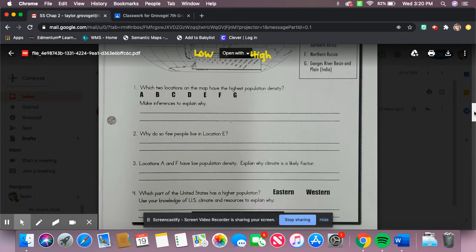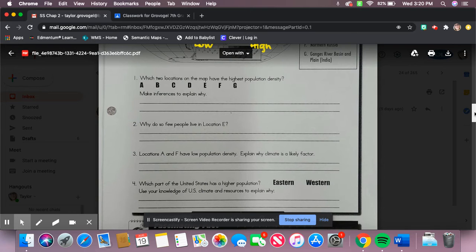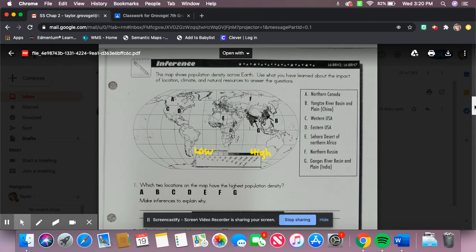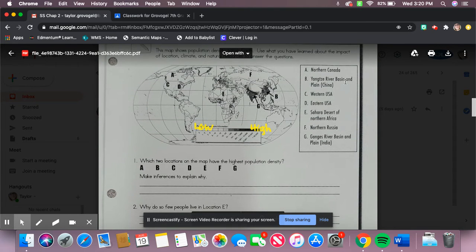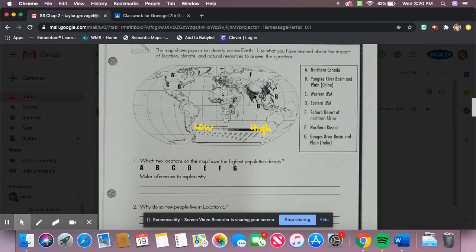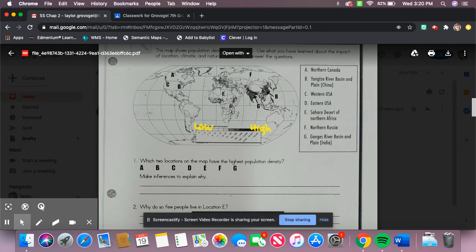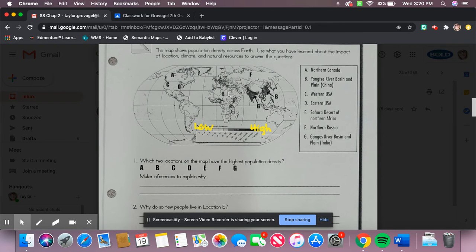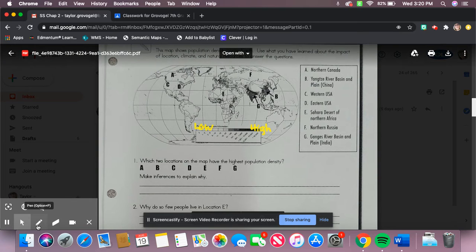All right, number 2. It says, why do so few people live in location E? So if you look at location E, it is right here. Oh, I don't know why it doesn't like me today. So this is location E. I guess I'll make it a color for you.